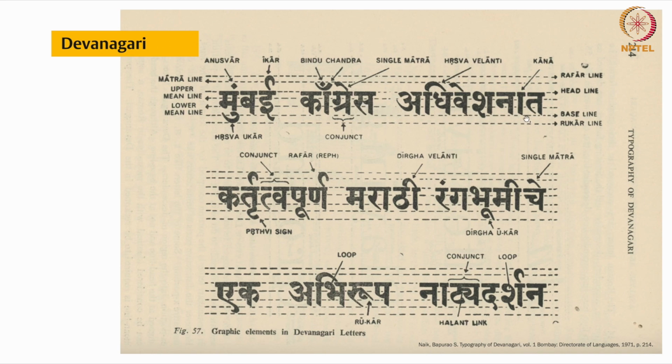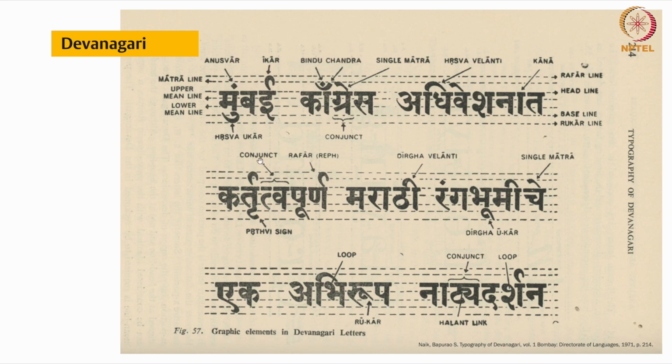So you have a baseline like the Latin, and you have a headline, which is there as a capital line. Then there is Ukar. Ukar is basically where the lower matra comes, and then you have Rafar, and then you have the matra line as well, where the matra comes. Then you have bindu, and a lot of others.